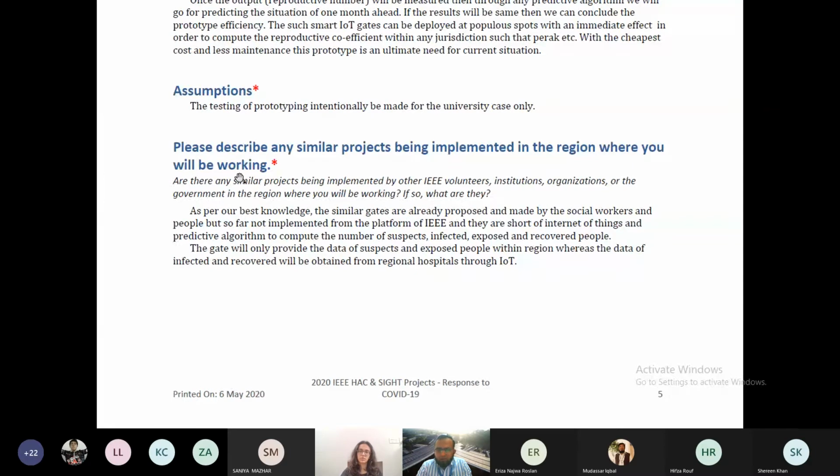Imagine in a city where you have 2 to 3 hospitals and you are getting the data of infected and recovered people, and you're getting the data from the disinfectant gates from shopping malls or universities or schools, and you have all the data on an IoT broker, and then there's a data scientist like Nirbhay Mathur who is processing it and coming up with the spread, that okay, in the upcoming month or upcoming weeks you will have a similar spread of COVID-19.